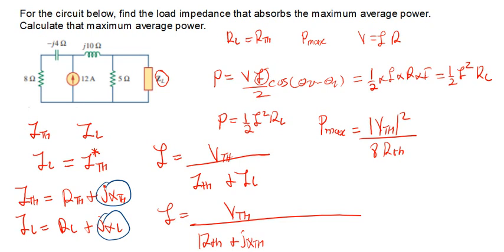Your Thevenin impedance is your circuit impedance, then you have your load impedance as your load impedance, of course. Matching those two is what is going to give us the maximum average power transfer.